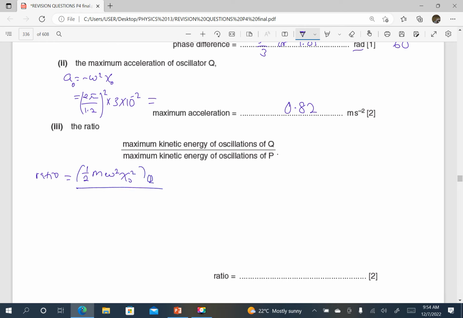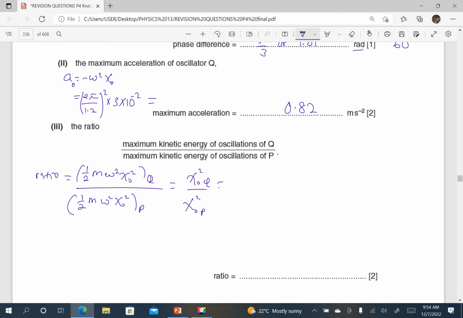Remember, what will be different will only be x naught. So half is the same, m is the same, omega is the same. So I only remain with x naught squared for Q divided by x naught squared for P.